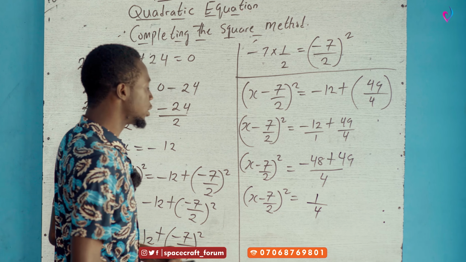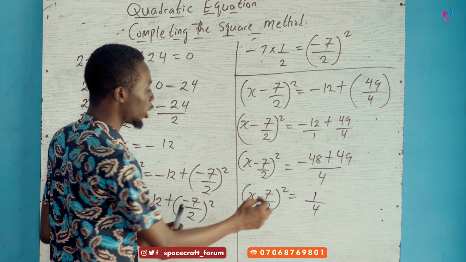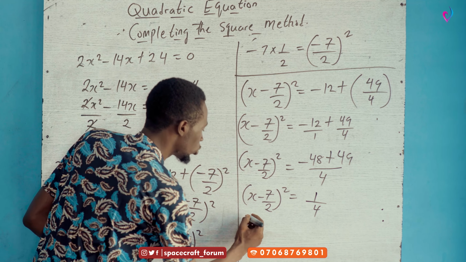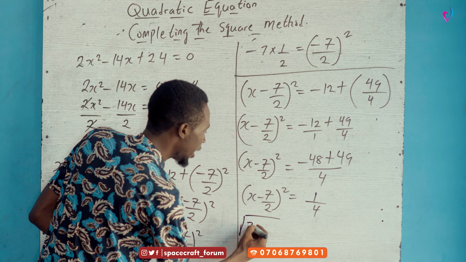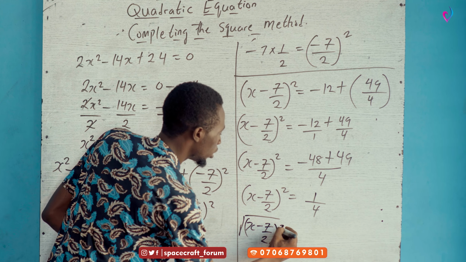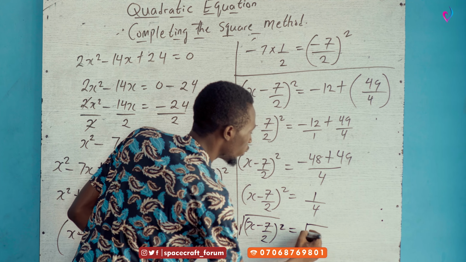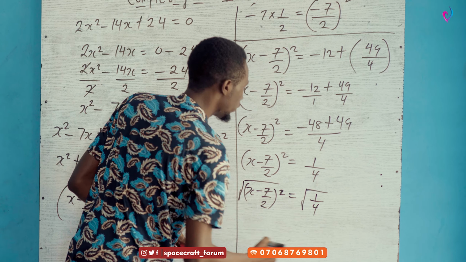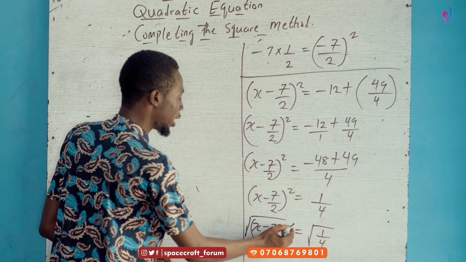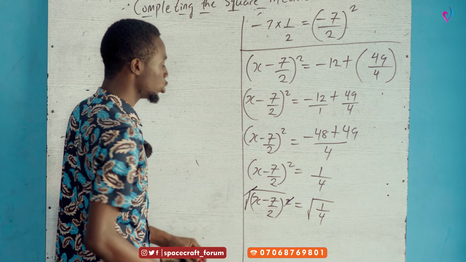The next step is to square root both sides of the equation so that we can eliminate the raised to power 2 here. We can square root both sides of the equation, which is square root of x minus 7 divided by 2 all squared is equal to square root of 1 all over 4. You can see that these two can cancel the square root.